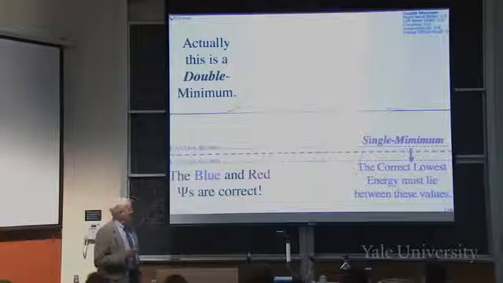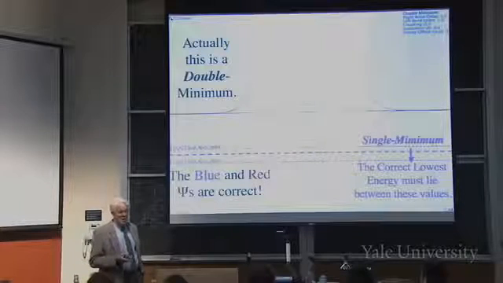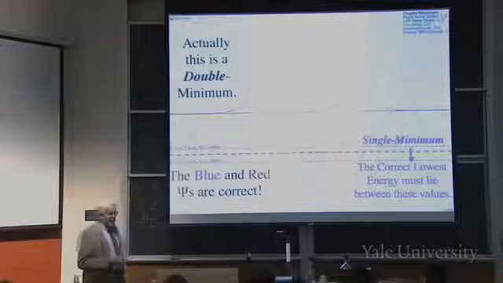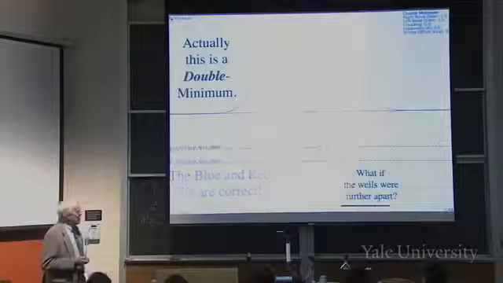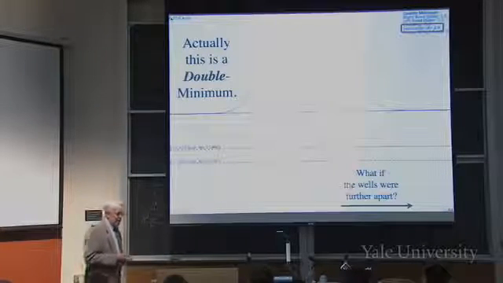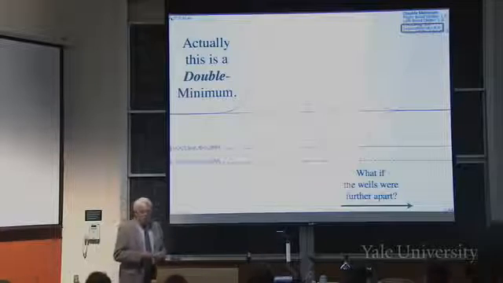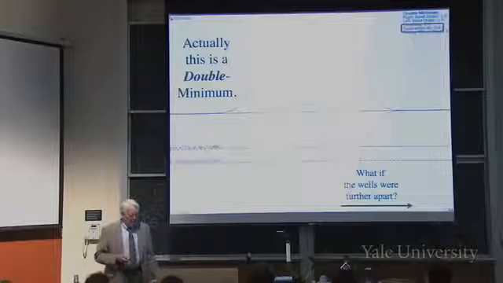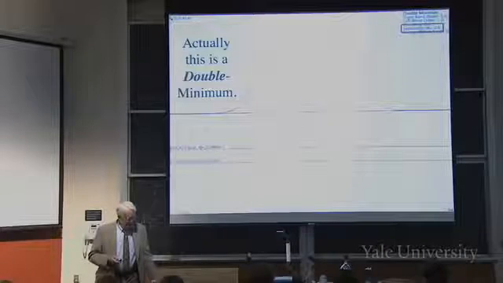But for the double minimum, there's a solution that's lower in energy and a solution that's higher in energy. Now, what would happen if we moved the wells further apart? Here you see the separation of the two wells is 0.6 angstroms. Suppose we moved it apart to be 1.3 angstroms, right?